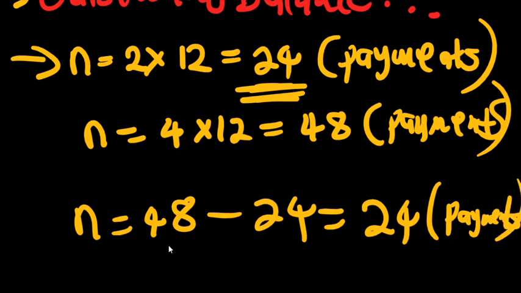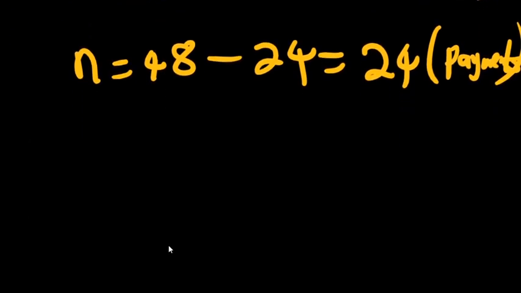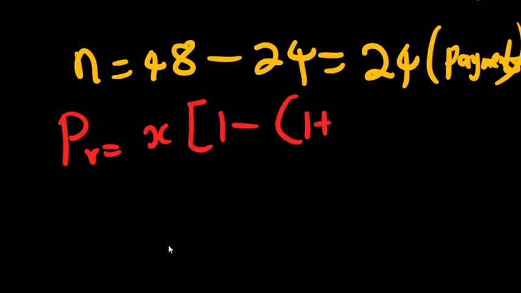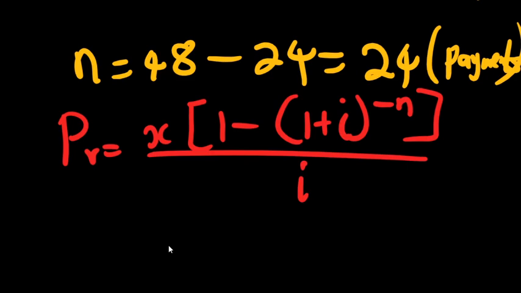To calculate the outstanding balance, you're going to use your present value formula. PV is equal to x times (1 minus (1 plus i) to the power of minus n) divided by i. Remember, we know how much money we have to pay per month.